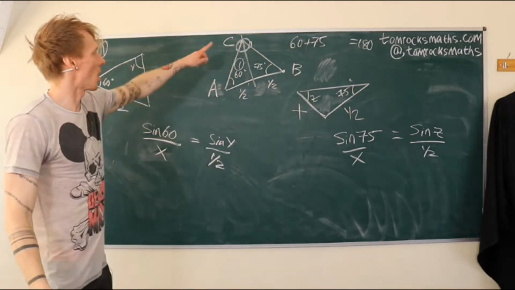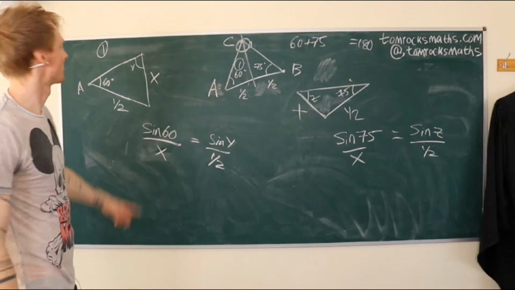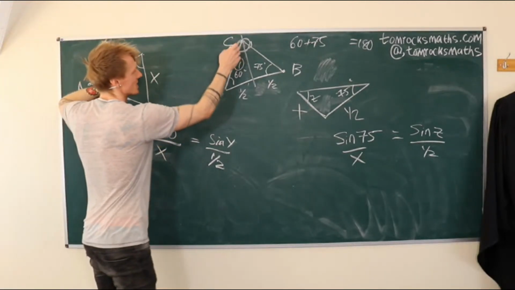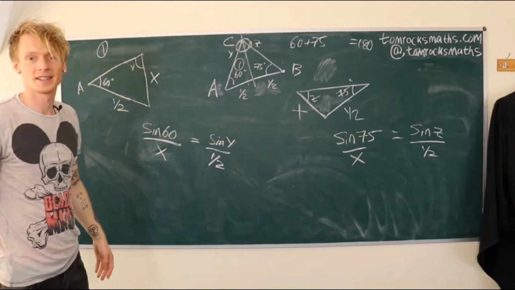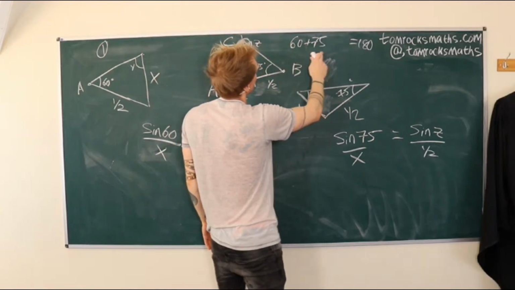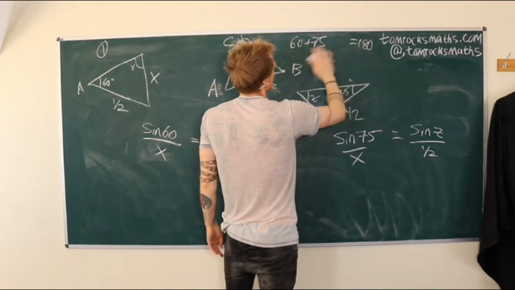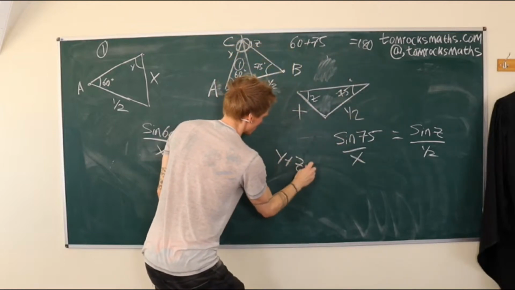Now, the angle at the top, based on my pictures, is y plus z, right? Because y was the one up here, and part of it is z. So I know that this is 135, so 45. So I know that the final equation is y plus z is 45 degrees.